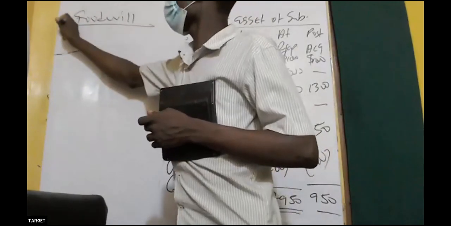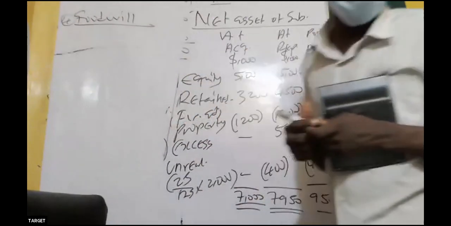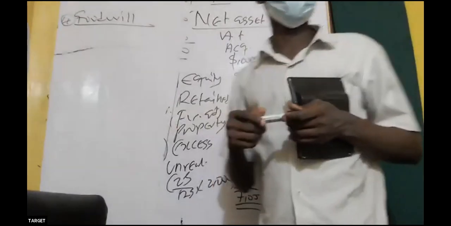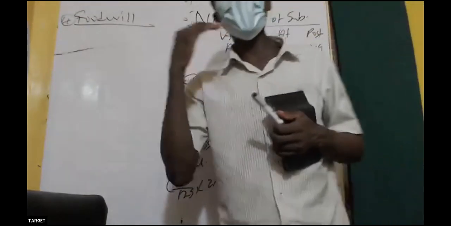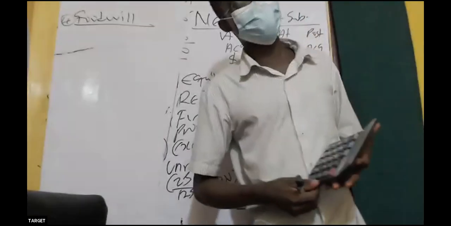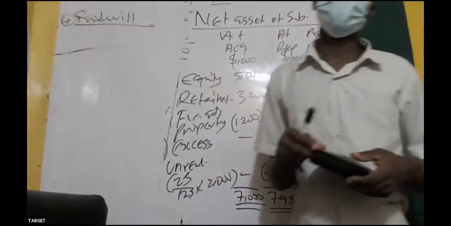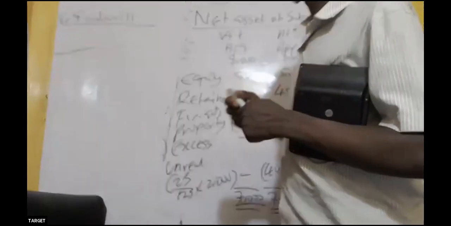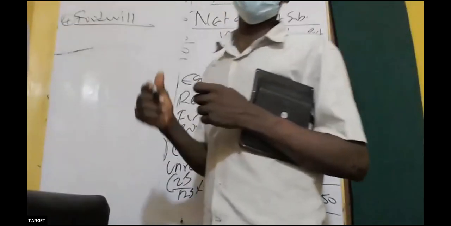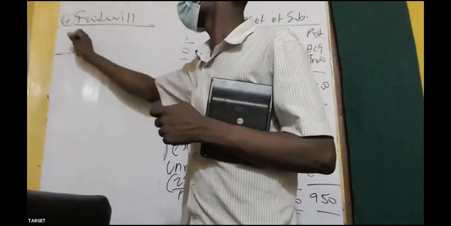That's workings number 4. Now, goodwill is the excess of the purchase consideration over the net assets acquired by the parent or the investor. So first, cost of consideration or cost of control.